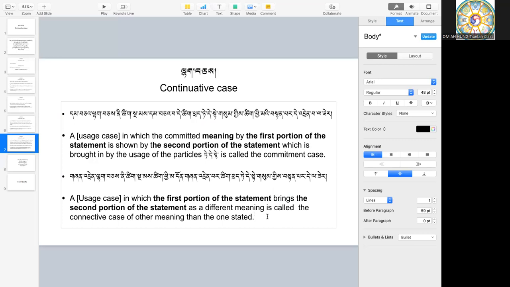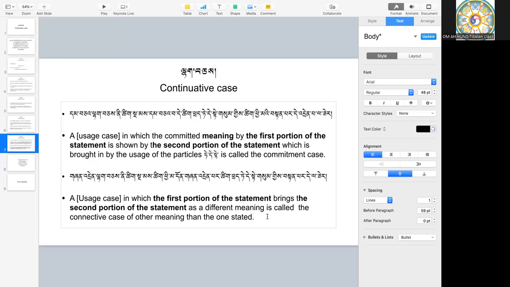It could be different in any way. It's just another information. So the first information, just by the usage of the particle, brings in another information. And that particular type of usage case is known as connective case of other meaning than the one stated.